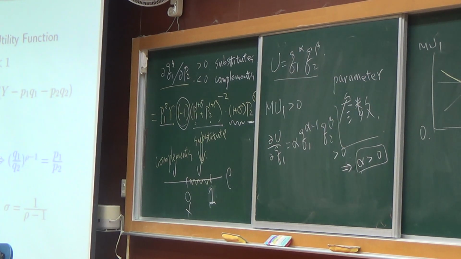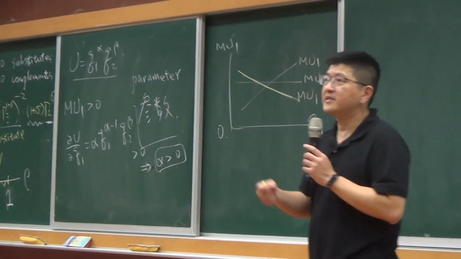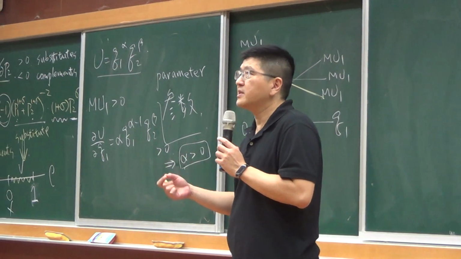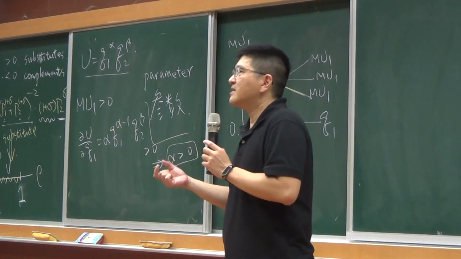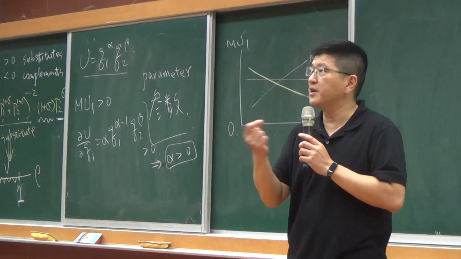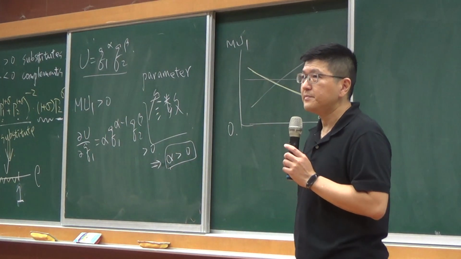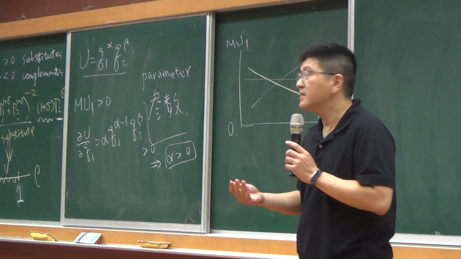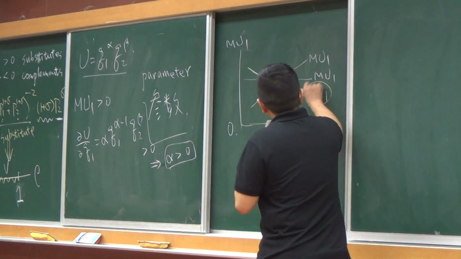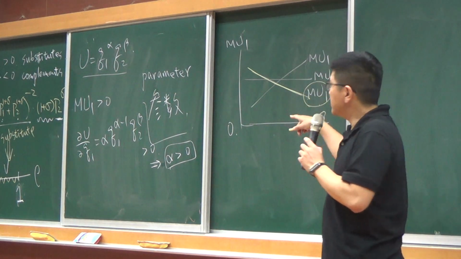I like something, and the very first unit I consume, I feel so happy. And then the second, the third, gradually I still feel happier, but not as happy as the very first unit. Do you know what I'm talking about? So we like to have a decreasing marginal utility.